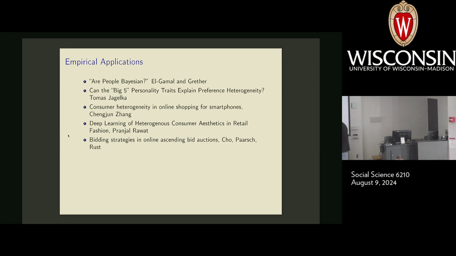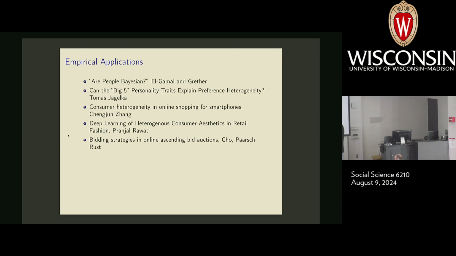Just using that, he can tell a huge amount about heterogeneous purchases and who buys what kinds of smartphones. He's using deep recurrent neural networks to uncover both observed and unobserved types, and he generates very realistic cross-price elasticities and search behavior for smartphones. It's very, very cool.